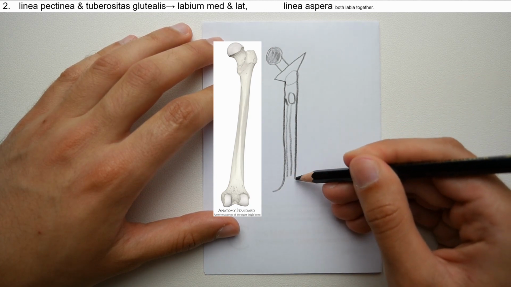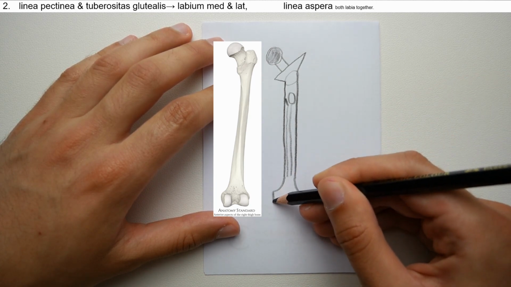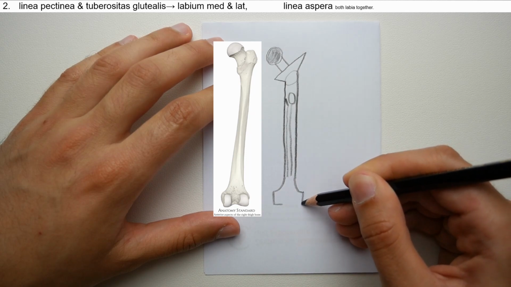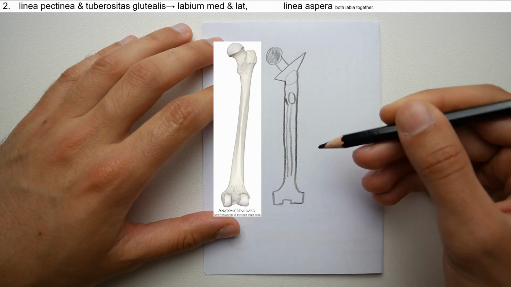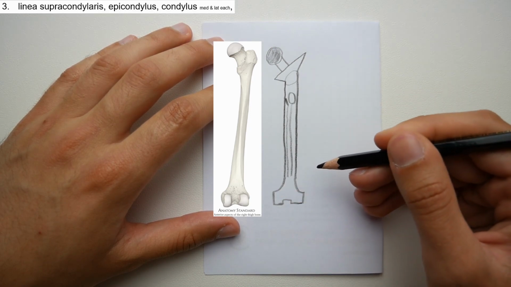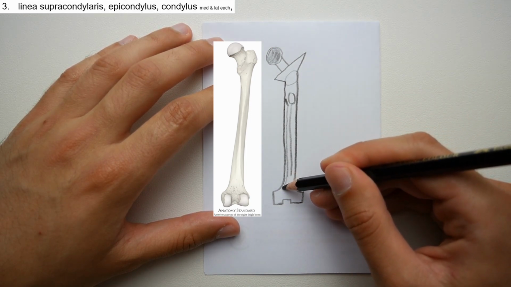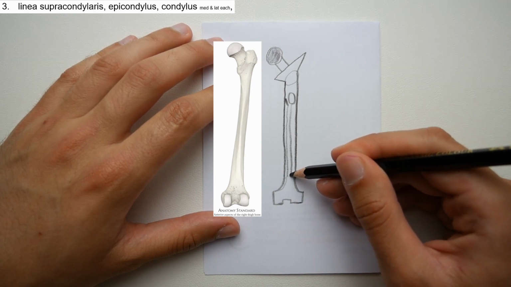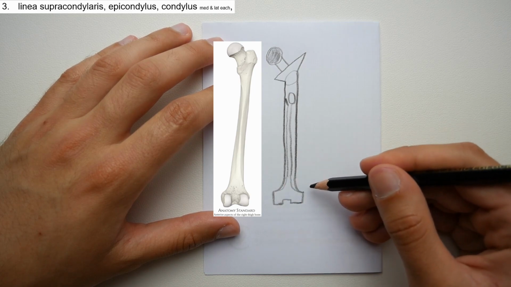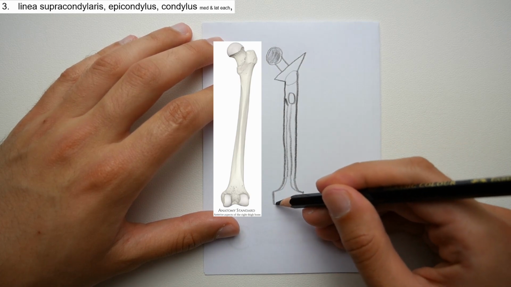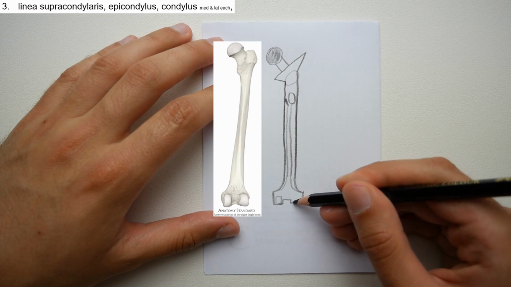Now to the distal end. Here we have the linea supracondylaris medialis and lateralis, epicondylus medialis and lateralis, and condylus medialis and lateralis.